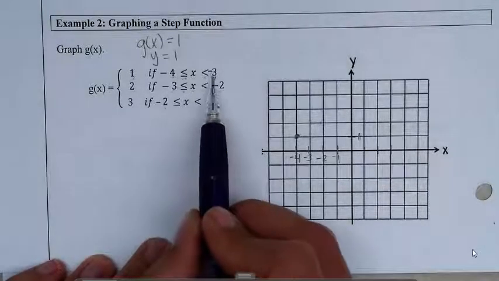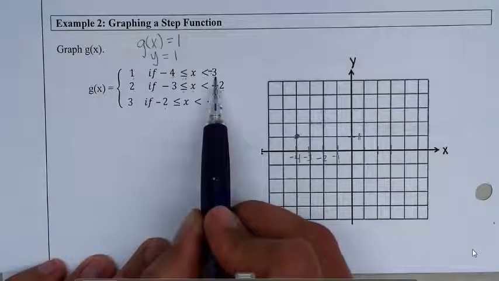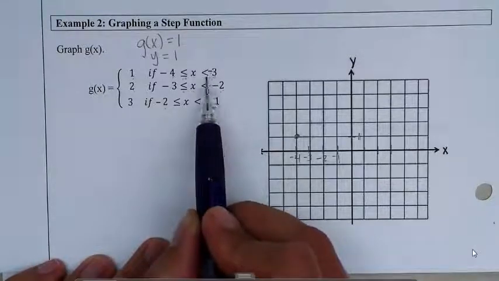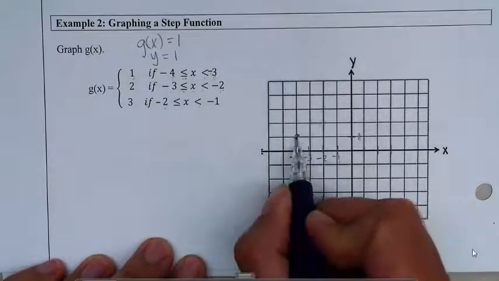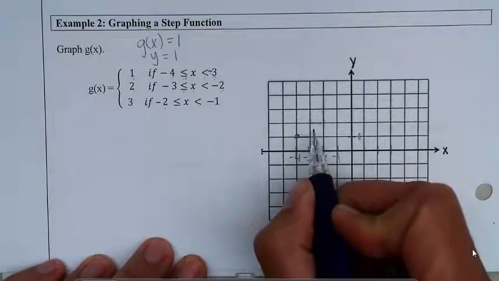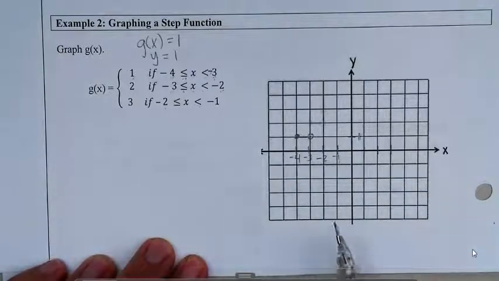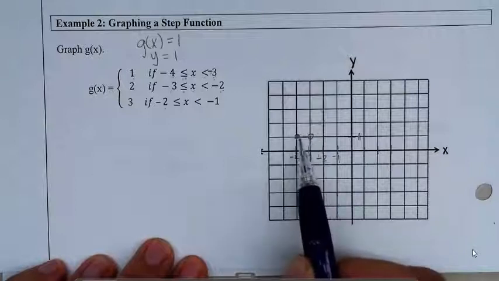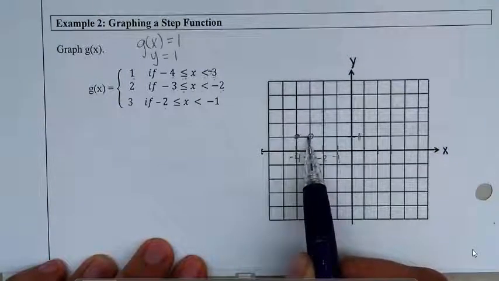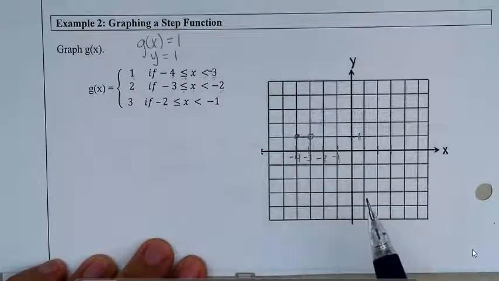Now this graph goes all the way to -3. But notice at -3 it's not equal to. So I should not have a solid dot at -3. I should have an open dot. Okay? That open dot tells me that, well, it gets really, really close to -3, but it's not at -3.